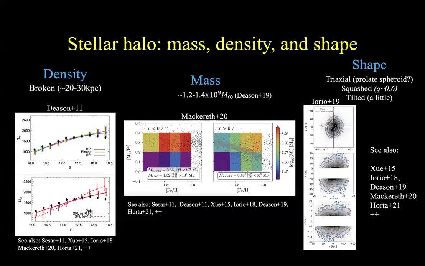Now, in addition to individual accretion events and their role in the buildup of galaxies, there's also been a lot of work that dates back even to earlier work trying to understand the global properties of stellar halos. And by that I mean the density, so the profile, the stellar mass, how much mass there is, and also the shape.